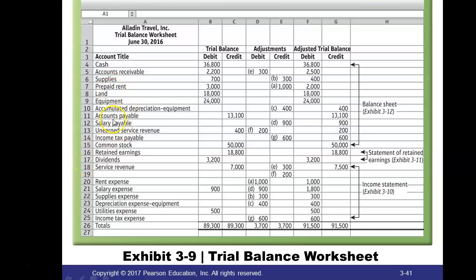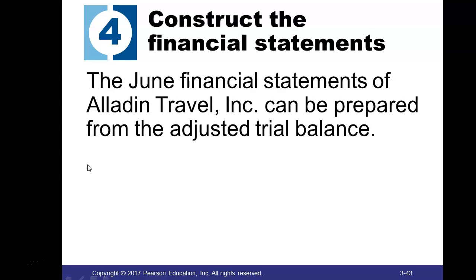But then you're going to see also our income statement is going to be our row 18 all the way down to row 25. And then our statement of retained earnings, we're going to be using row 15 all the way to row 17. So here we are. Let's take a look at the financial statements.